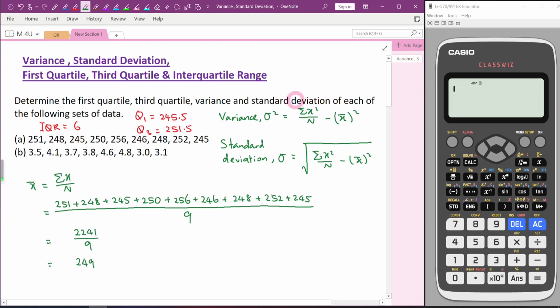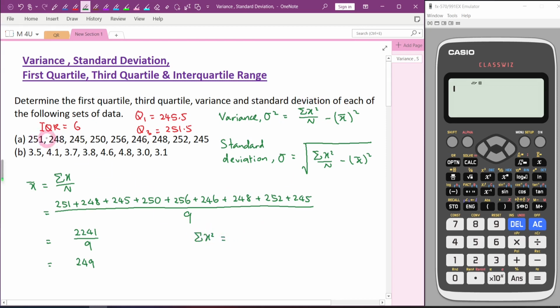And for variance, we need to find the sum of x squared. Let me find this one first. Once I get this value, then I plug it into the formula, then it will be easier. So what does it mean by sigma x squared?